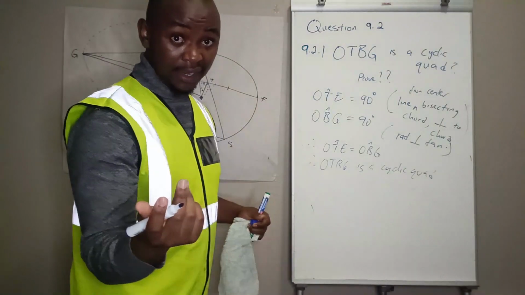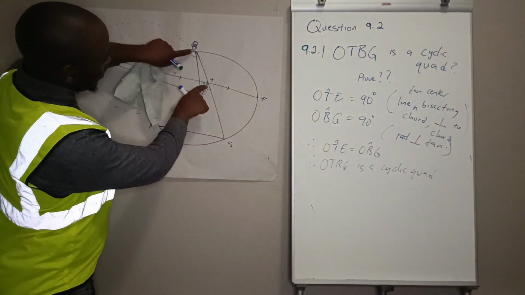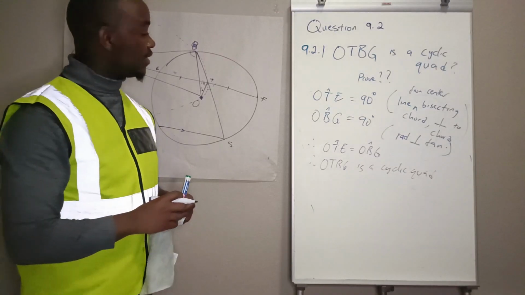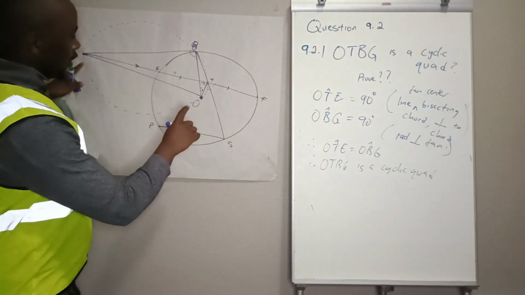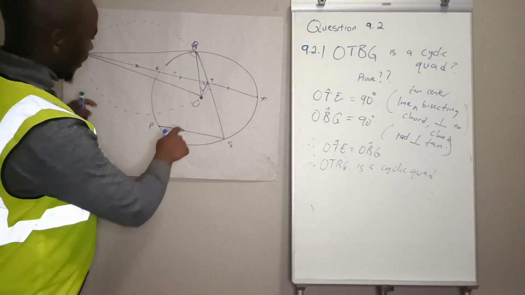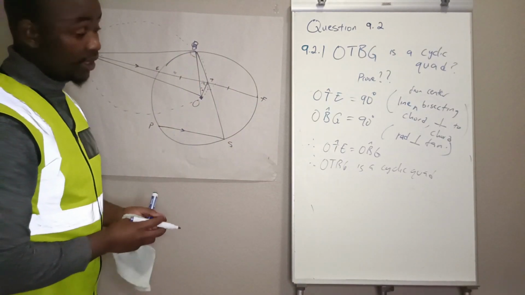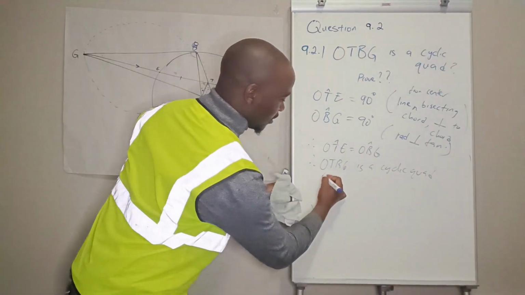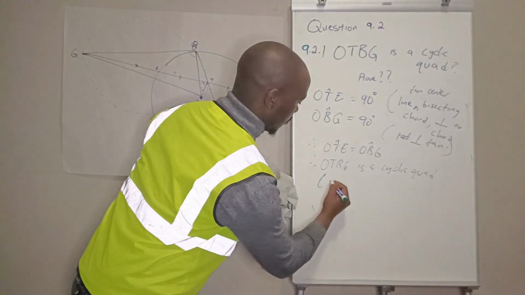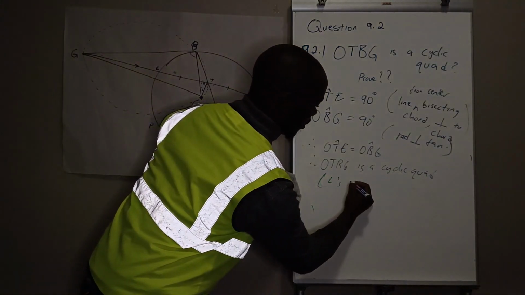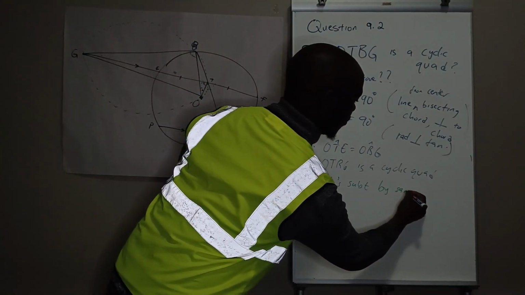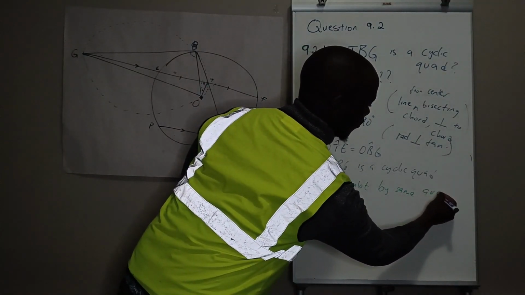And what is the reason? The reason is that butterfly theorem. And of course, you won't write butterfly in your answer. We will say that its angles subtended by the same arc are equal. So the theorem is angles subtended by same arc.